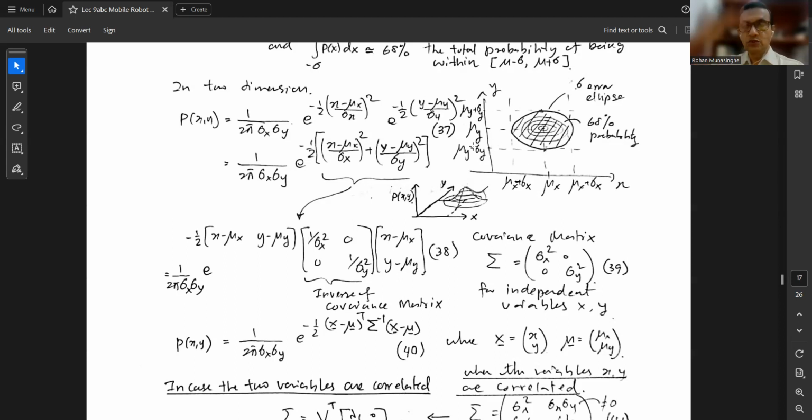And on the y-axis also plus and minus sigma, 2 points. And it becomes an ellipse, all right? So this is the 1 sigma error ellipse, right? So now the probability that you find the robot within this area is 68%.